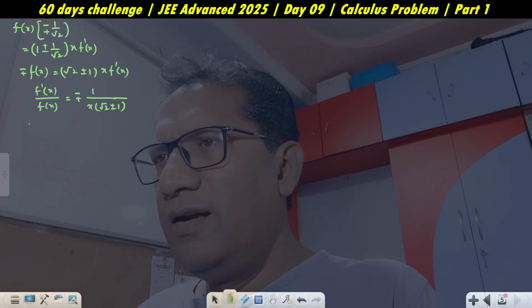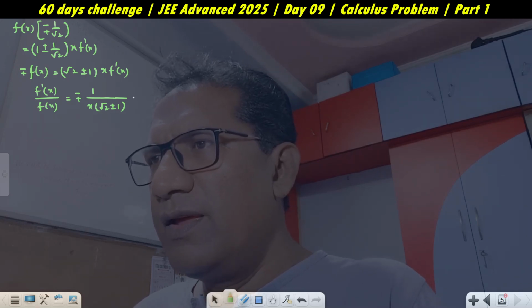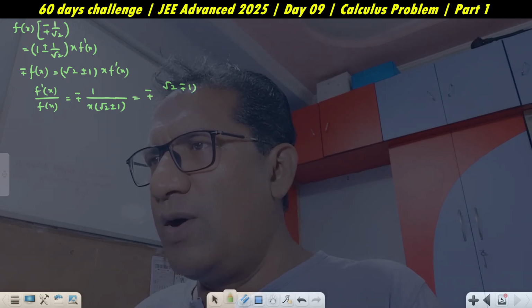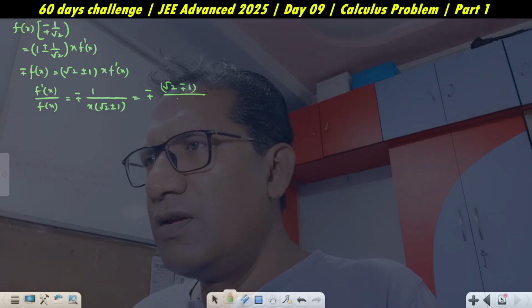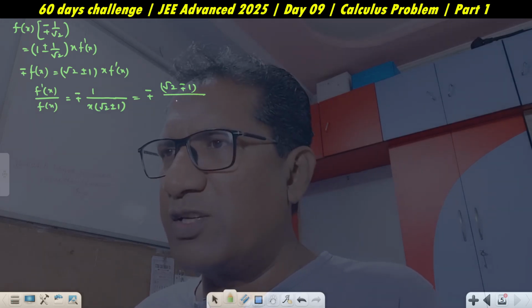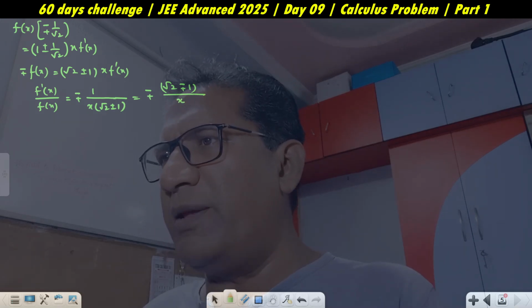Okay? Now, if I rationalize root 2 minus plus 1, so in denominator we will have 1 because a square minus b square is 1, so only x will be there.